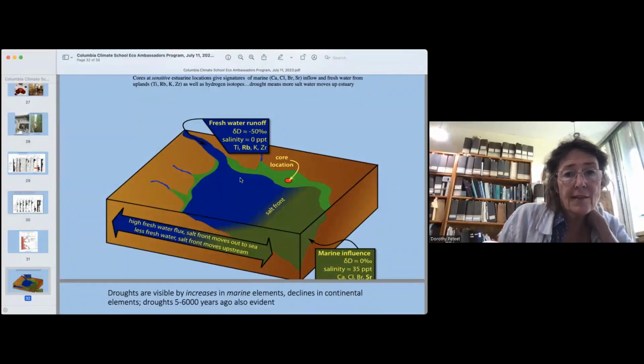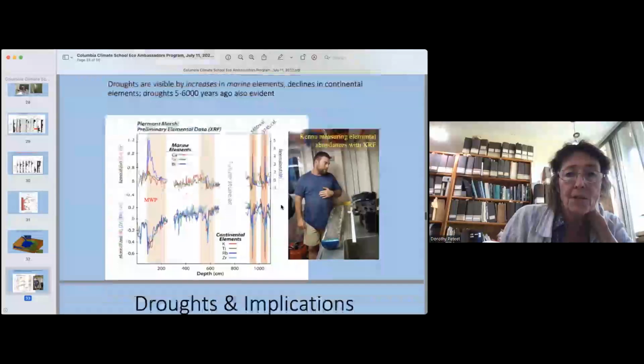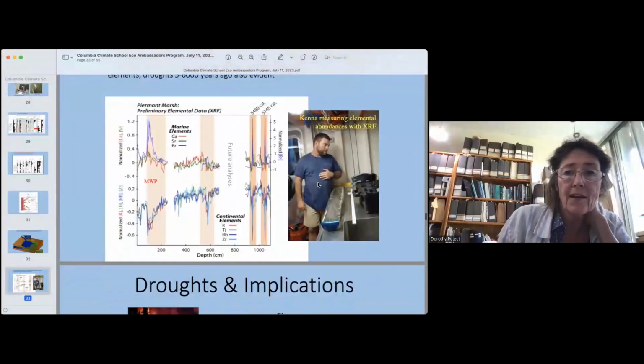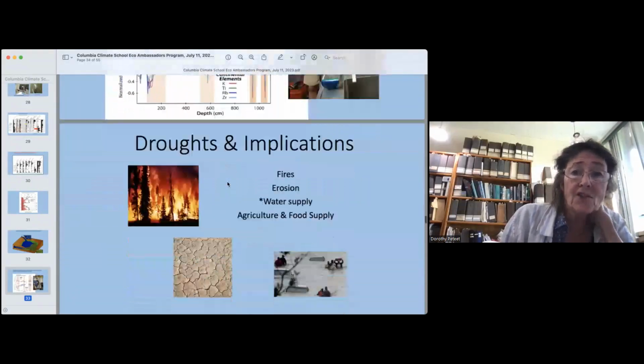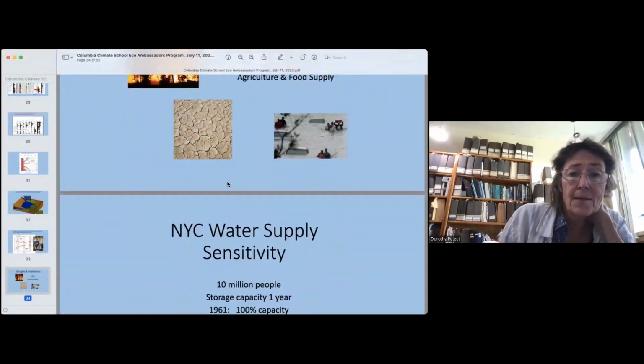So we see the samples during that drought get much saltier using the XRF machine. This is Tim Kenna, another scientist I work with at Lamont, measuring it. And these spikes are the times when it's really salty, and the medieval warm time is one of those. So climate changed. We had big droughts, we had fires in the past.